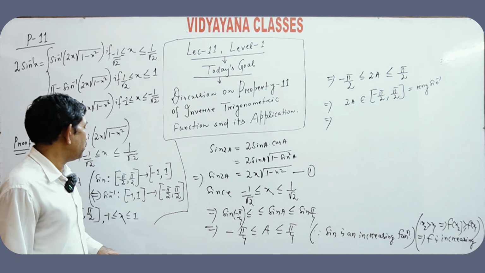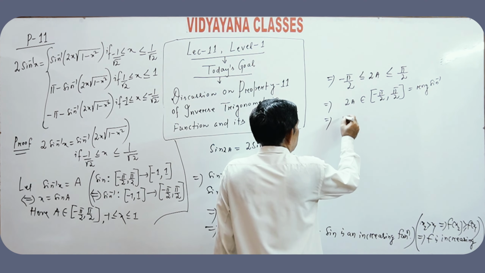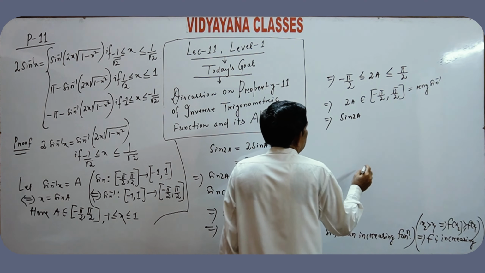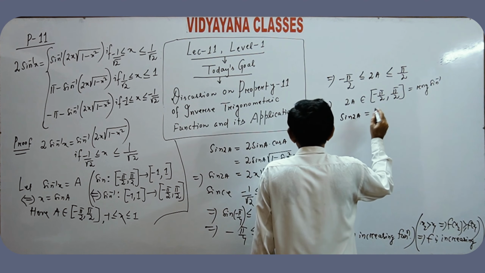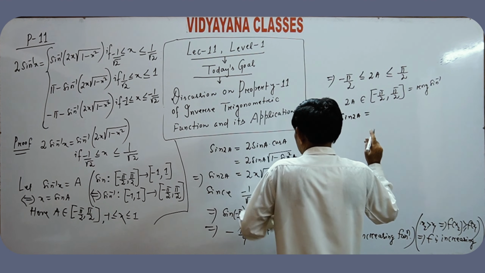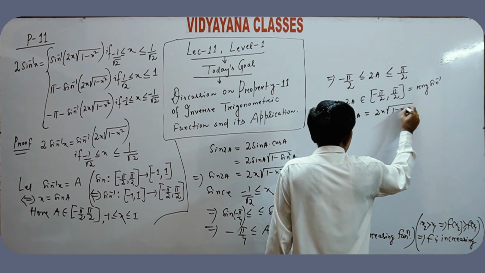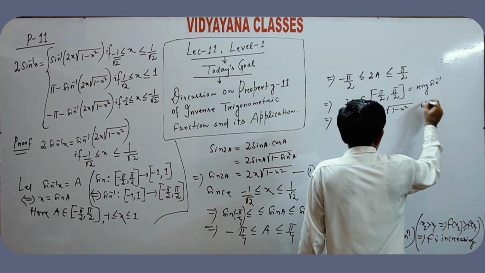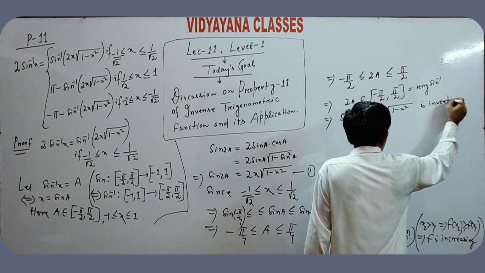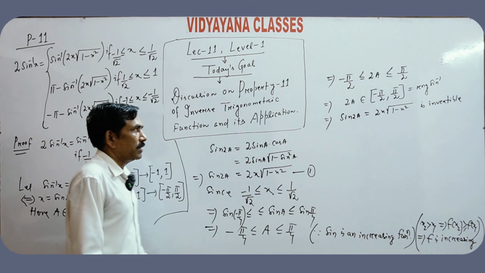Here 2a belongs to this set, which implies sine 2a is equal to 2x into root over of 1 minus x square. It is invertible, that means the inverse of the function exists.